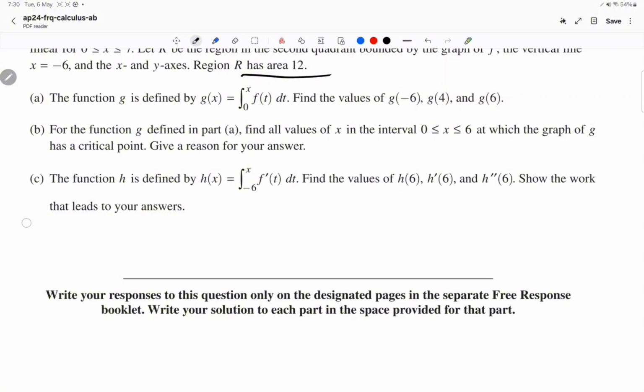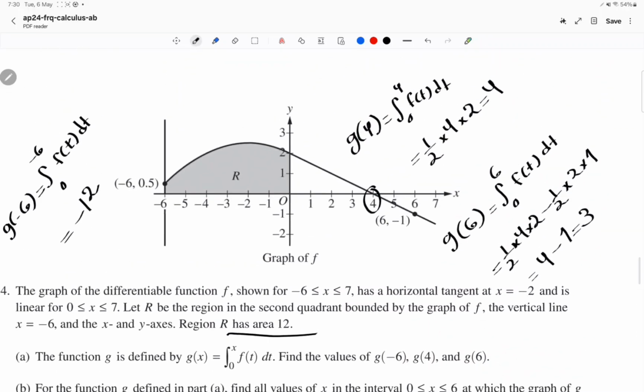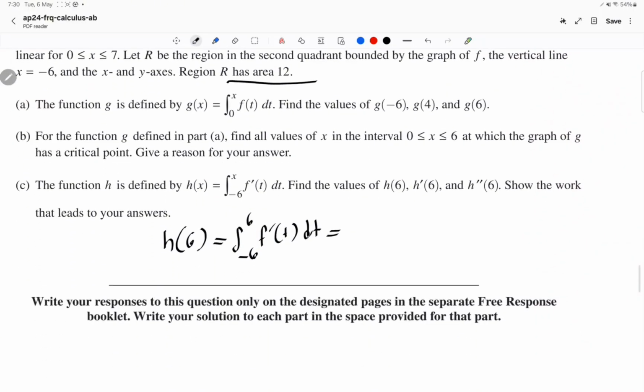Now, part C says the function h of x is defined. Okay, so look. If they want h of 6, that means you have to do from negative 6 to 6 of f prime t dt. Now, you cannot go back to the graph and find the areas, because the graph is for the f. Right now, we're integrating the f prime, so it's a different thing. What happens when you integrate f prime? You get f.